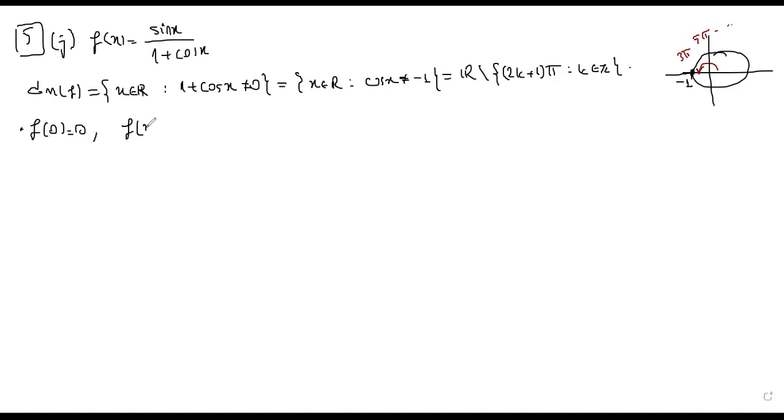And f of x is equal to 0 if sine x over 1 plus cosine x is equal to 0. Then what do we have? Sine x should be 0, which gives x, when is sine 0, it's on 0 or pi, right?